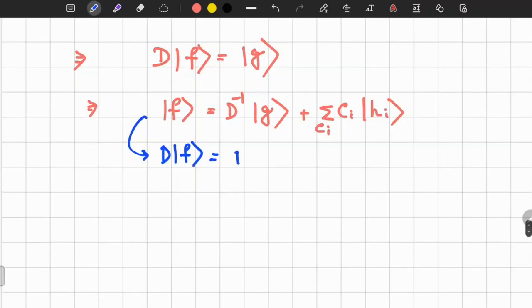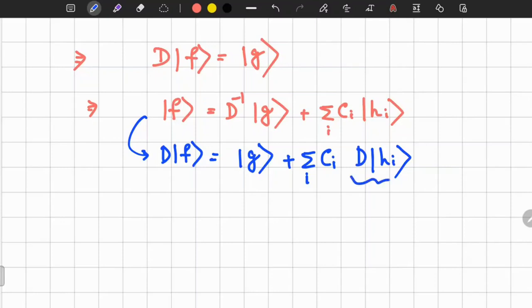Then we obtain D D inverse, which is essentially the identity, leading to g. And here D of |h_i⟩ is 0.